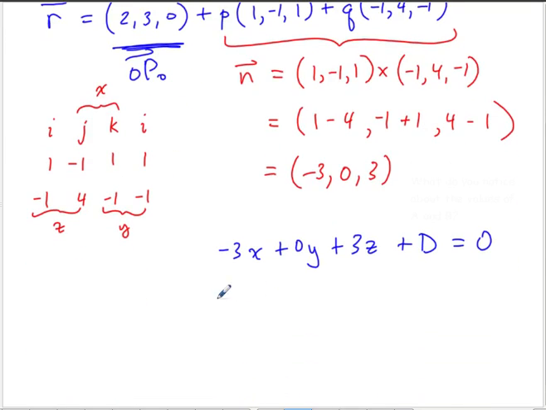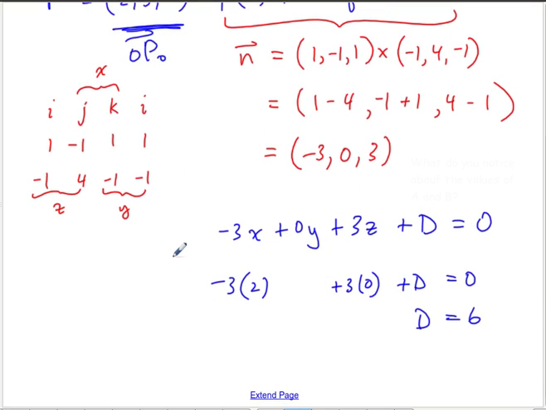So I end up with negative 3 times 2 plus 0 times y, so that's just going to be 0, plus 0 times z, let's put that one in, plus d is equal to 0. So I end up with negative 6, so d is equal to positive 6.